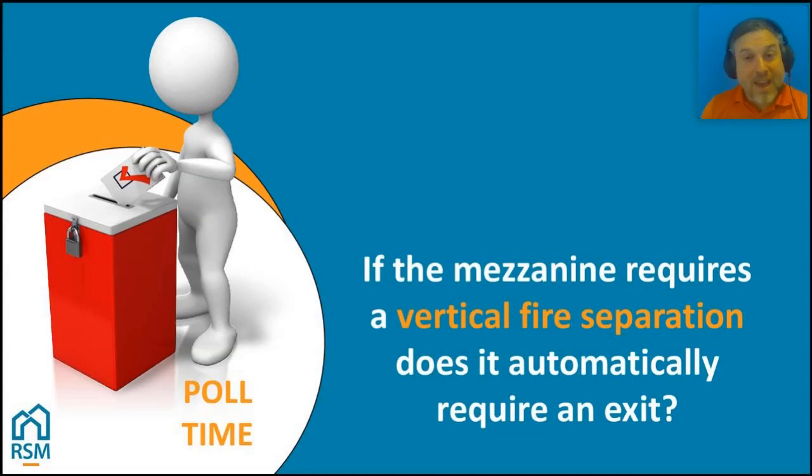And this is the path you have to follow. That's why I was saying at the beginning that the one depends on the other. You have to follow those 3 steps in order to get to the right answer. So the answer to this particular poll is no. It does not automatically require an exit if it has a vertical fire separation. It really depends. A lot of the times it does, but not always. Isn't that the best answer?